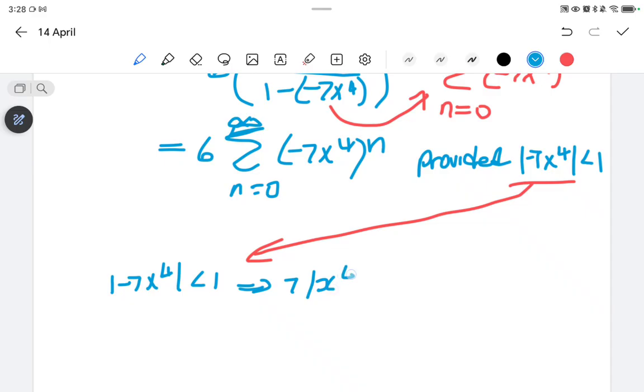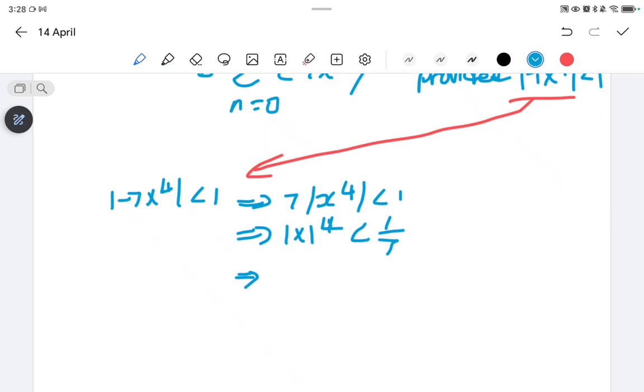We'll have x to the 4 less than 1 over 7, we divide both sides by 7. We take the fourth root of both sides. We're going to have the absolute value of x less than 1 over the fourth root of 7. You see, right? This will be our radius of convergence.